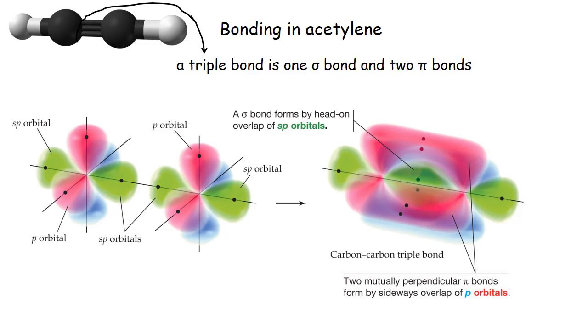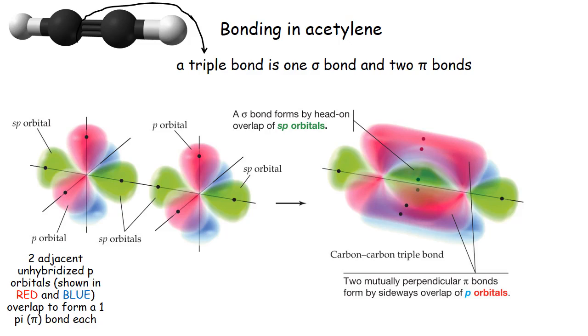Then the unhybridized p orbitals, there are two adjacent unhybridized p orbitals, and there's actually two pairs now. We have one above and below the plane, and then we have another one in front of and behind the plane, sort of coming out towards you and going back into the board. So the adjacent unhybridized p orbitals overlap to form one pi bond each, and since there are two pairs of adjacent unhybridized orbitals, you're going to end up with two different pi bonds, and those are over here.